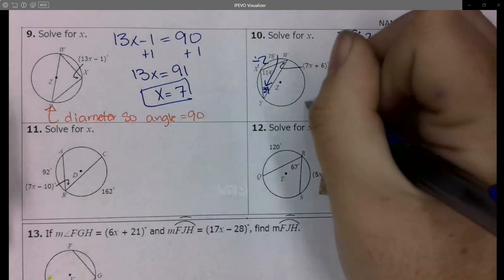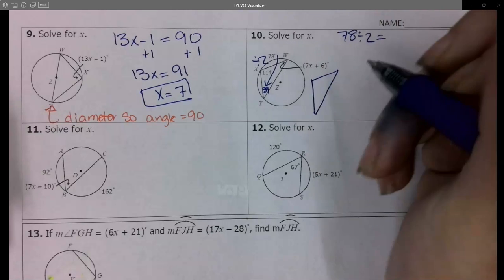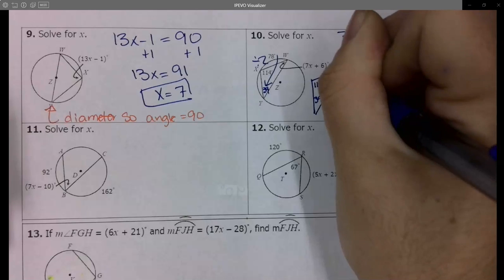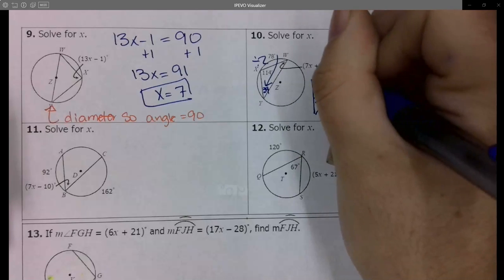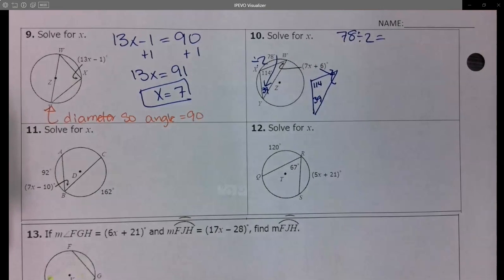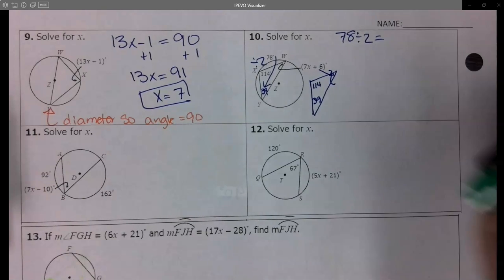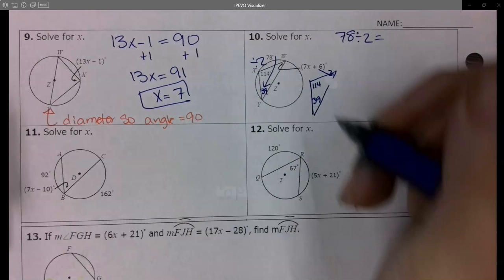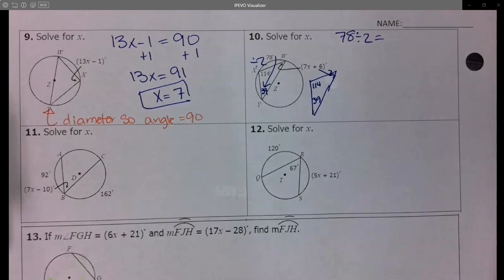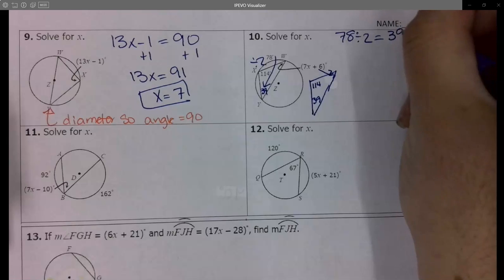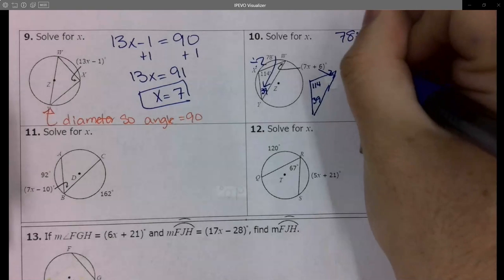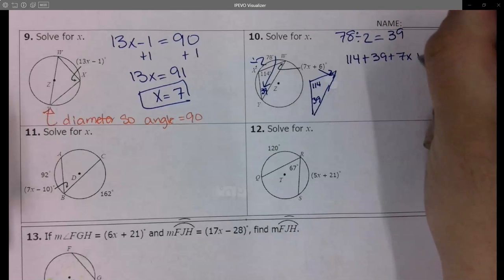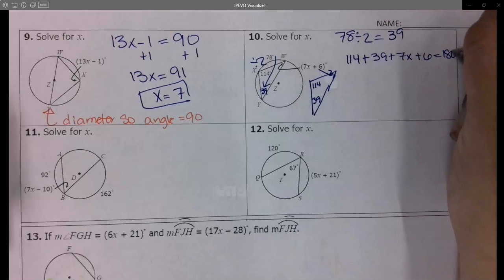So if I redraw this triangle so it's not as tight, I have 39 right there, 114 here, and then I have the 7x plus 6 right there in that corner. Remember that triangles always add up to 180 degrees. So what I want to do is take all 3 of these values and add up to 180. So I'm going to have 114 plus 39 plus the 7x plus 6 equals 180.